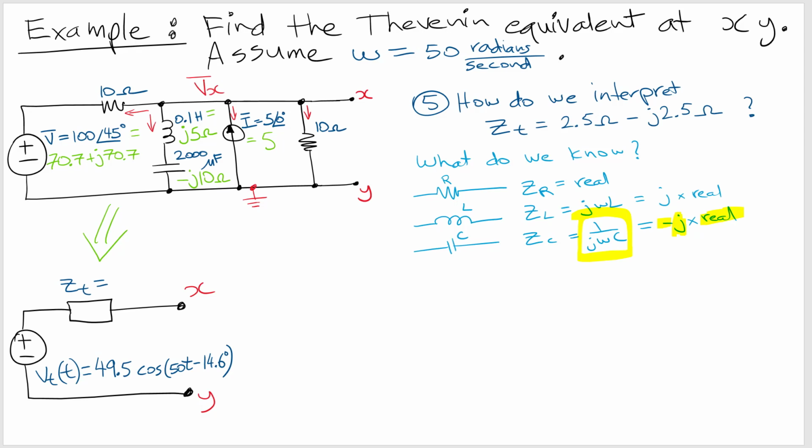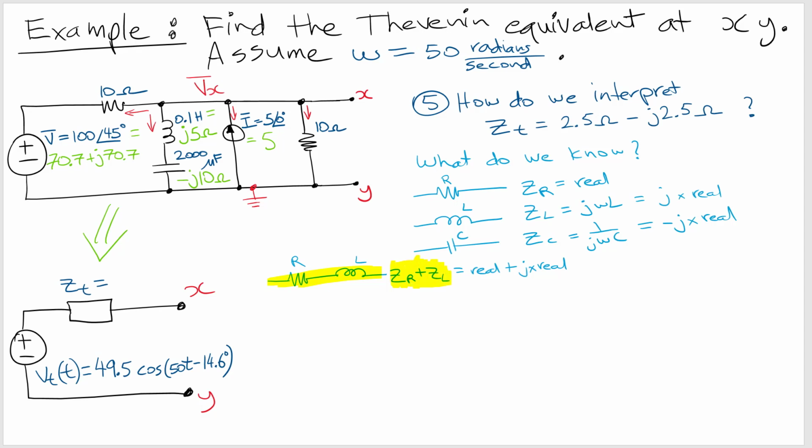So what if the impedance was a little bit more complex than this? What if we had a resistor and an inductor in series? Well, the equivalent impedance would be ZR plus ZL, wouldn't it? Okay, that's the equivalent impedance.